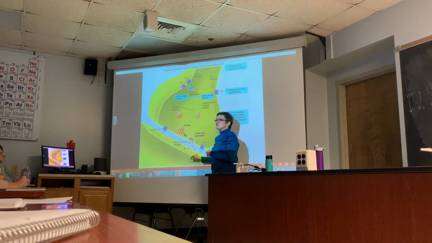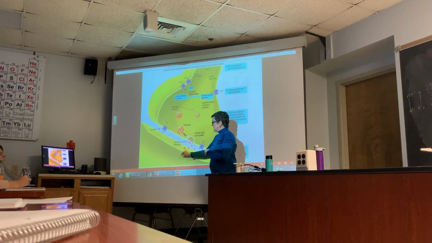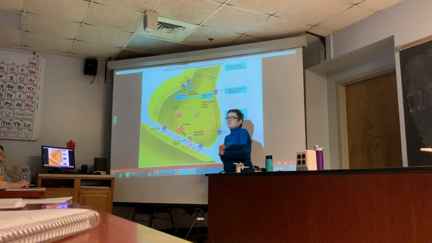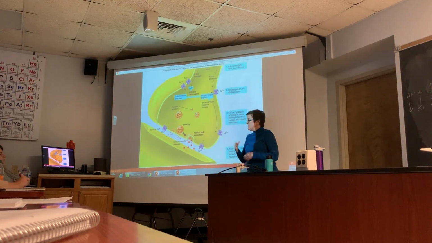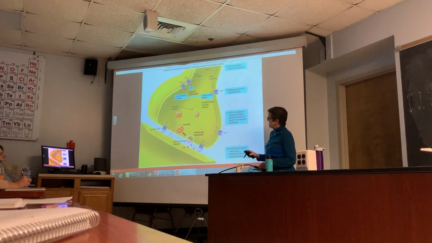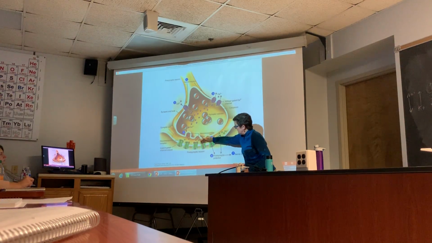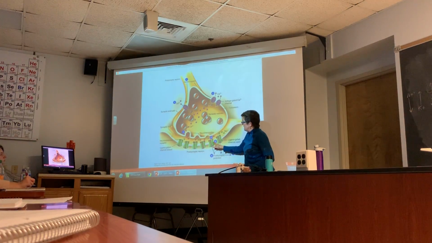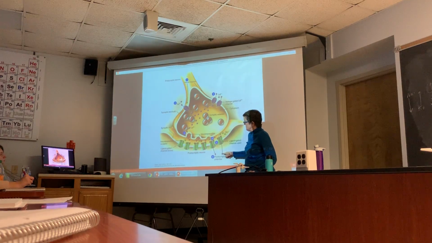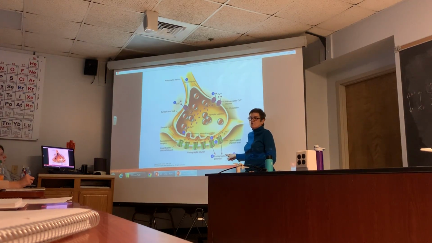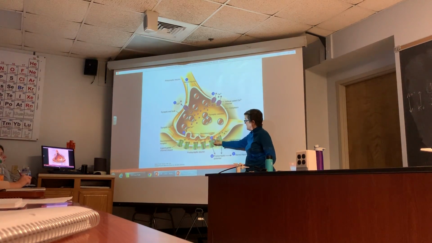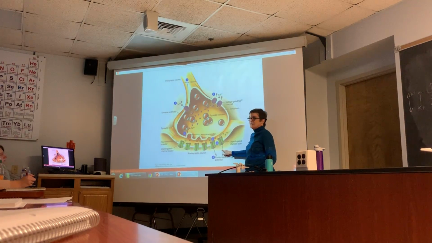ligand-gated channels, the receptors. I mean, those neurotransmitter receptors are also ligand-gated channels, and then, just like we talked about before, when that neurotransmitter binds to its receptor, it opens up the gated channel and lets in either positive ions or negative ions. If it's an excitatory neurotransmitter, it's letting in positive ions like calcium or sodium.